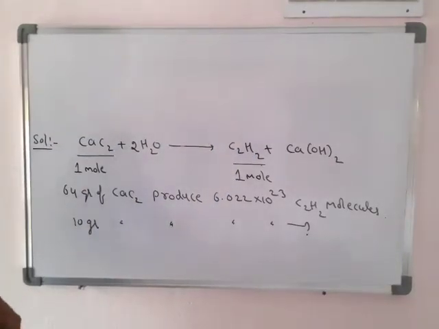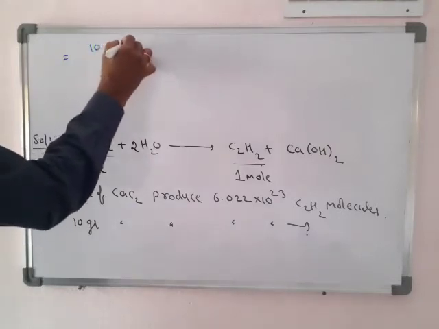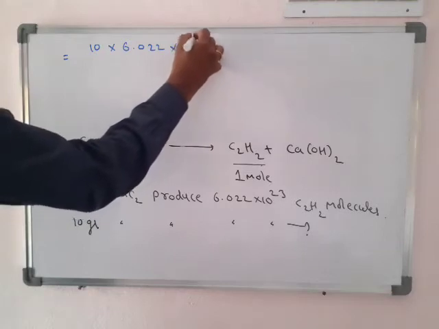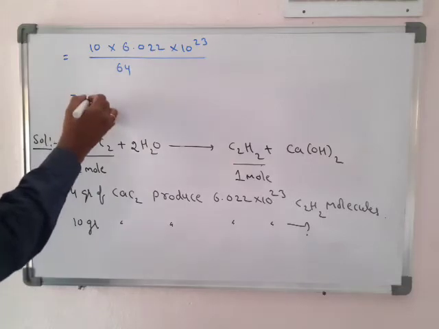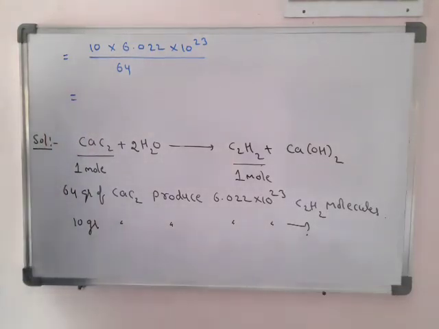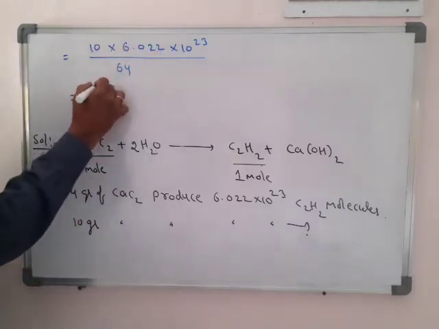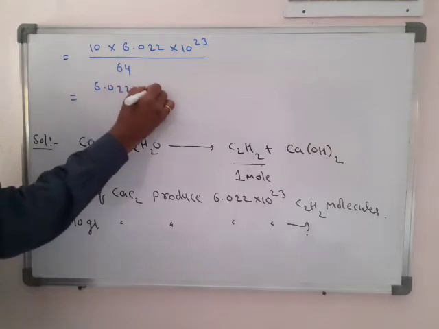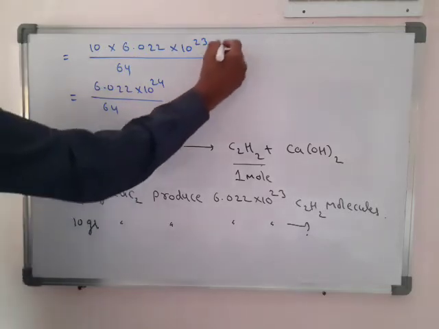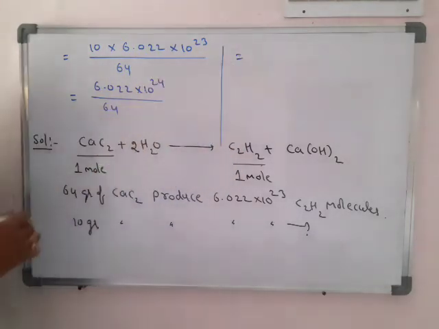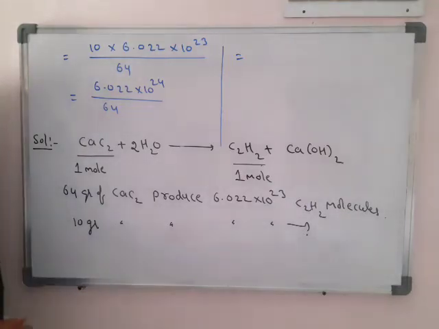Here also knowing the reaction is very important. On cross multiplication and this calculation, we will get 6.24 by 64, which is 0.094.